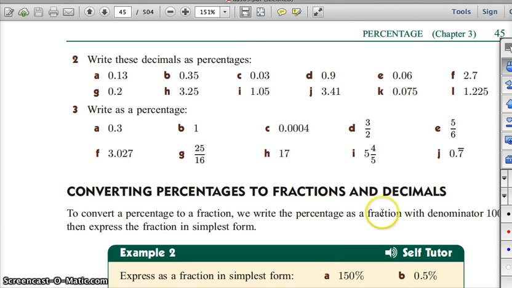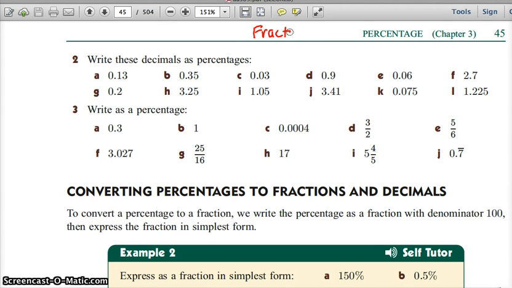So what essentially you've done is you've gone from fractions up here and decimals to percentage. What you're doing down here in this next question, you're just going the other way. Percentages to fractions and decimals. So it's just the other way around.